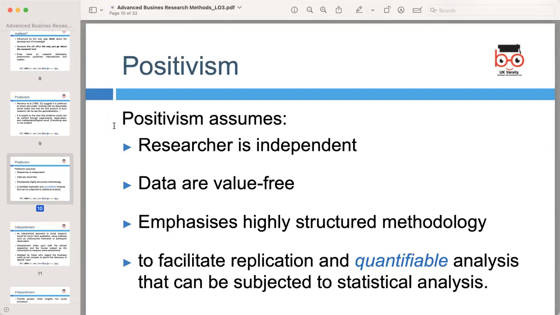It means that the researcher should remain neutral and objective when conducting their study. Secondly, data or value free. So this means that the data collected during the research should not be influenced by the researcher's personal values, beliefs, or opinions. Instead, the data should be based on observable facts and objective measurements.